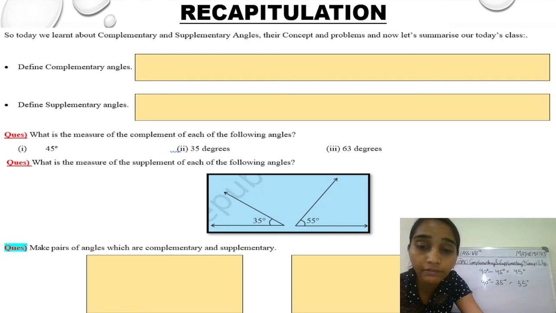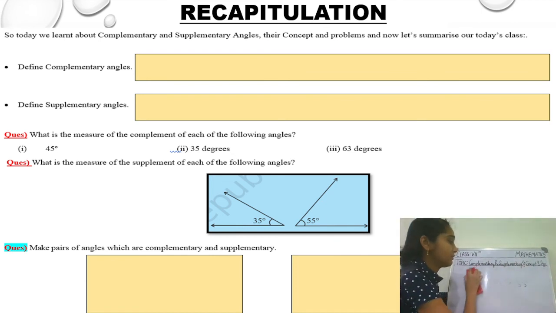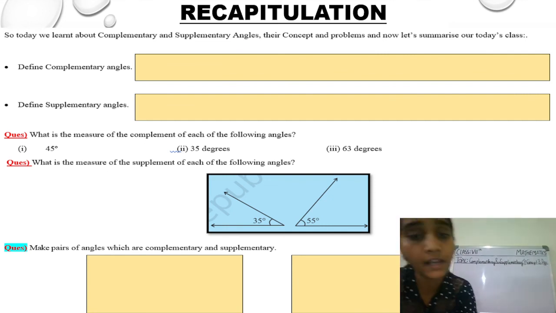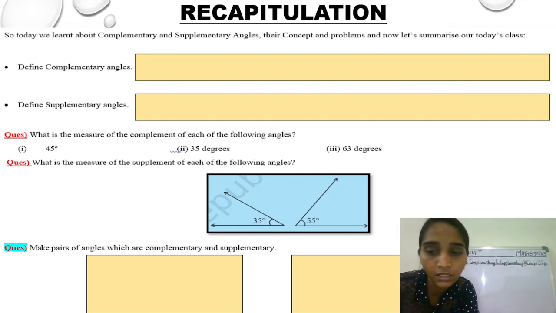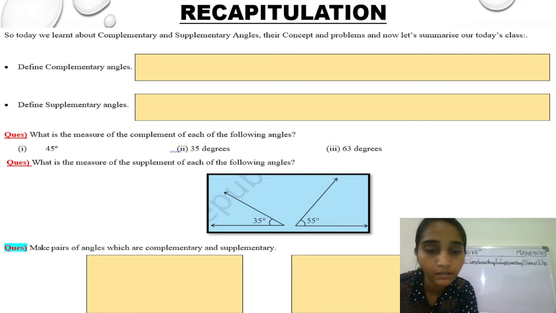And for the 55 degrees, again you will subtract it from 180, and then you can say that angle will be the supplement. And if you have to make pairs of angles which are complementary and supplementary, you can make them also, because we just have to see that the sum of two angles is 90 degrees for one and 180 degrees for the other. You can do it in your homework also.